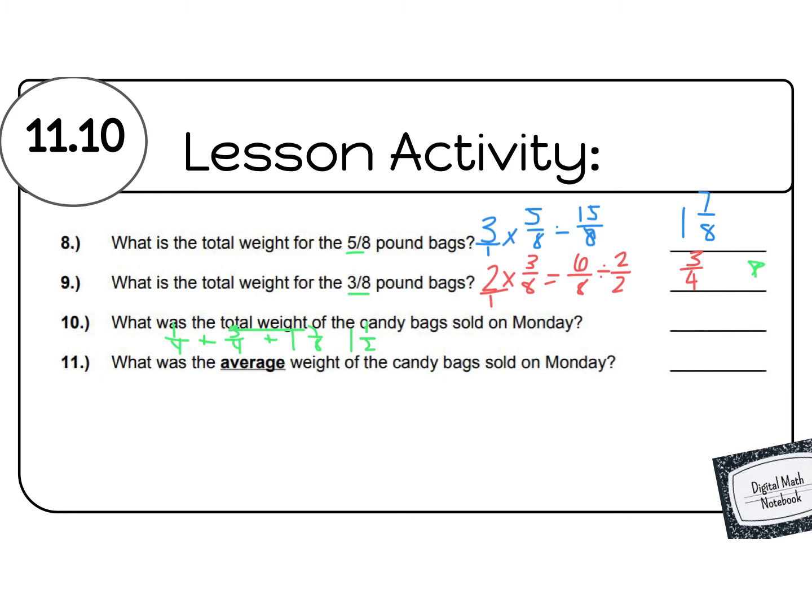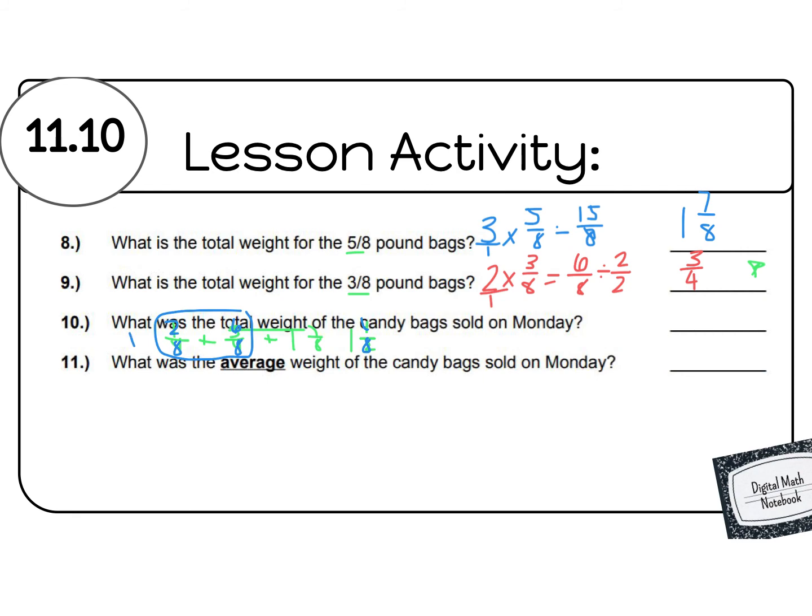1/2. So let's go ahead first and change all of our fractions to common denominators. We know that 1/2 would be 4/8, and 3/4 would be 6/8, and 1/4 would be 2/8. If we add 6/8 plus 2/8, that gives us the whole number 1.